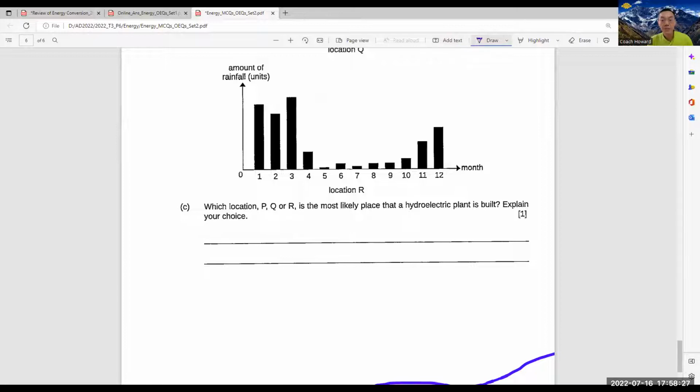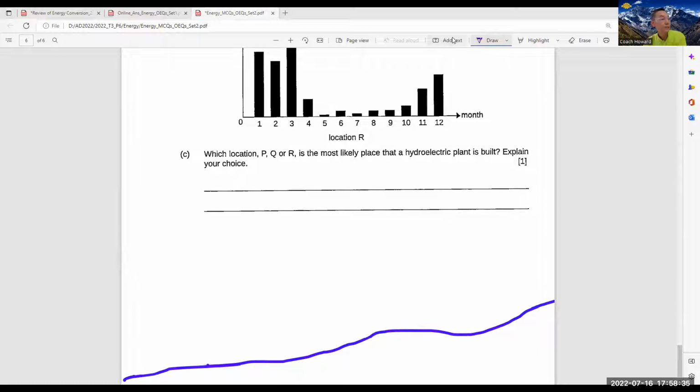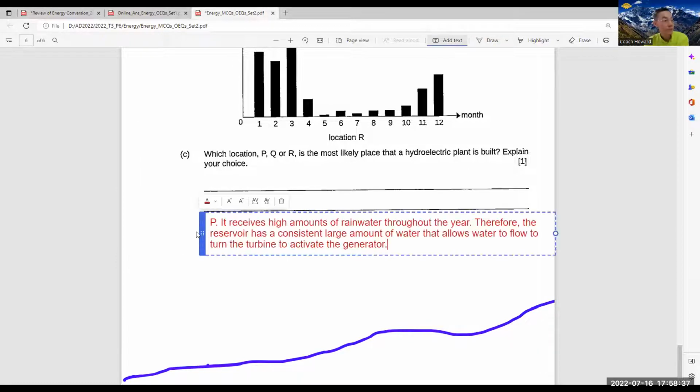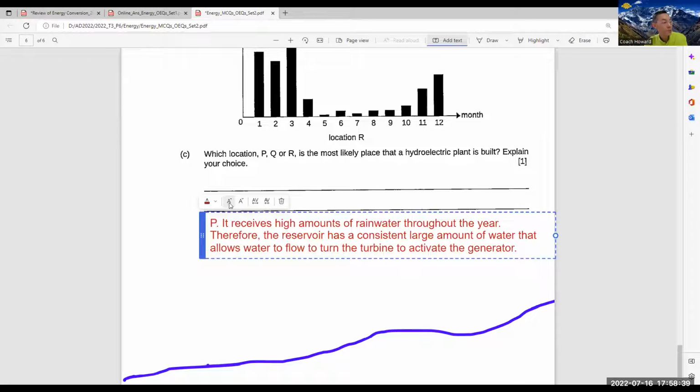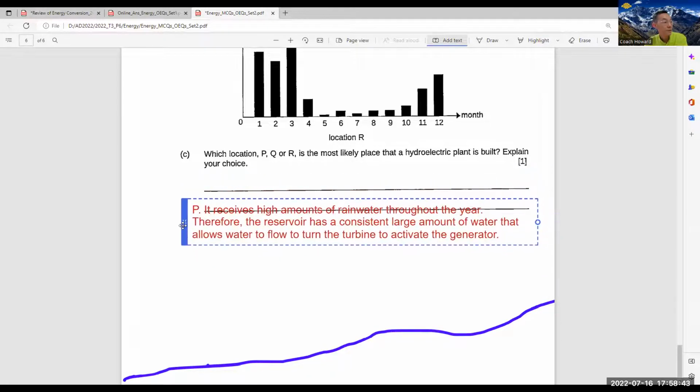Let me share you the answer to this part. Let me paste it here. So this is the answer. Maybe I put it here.